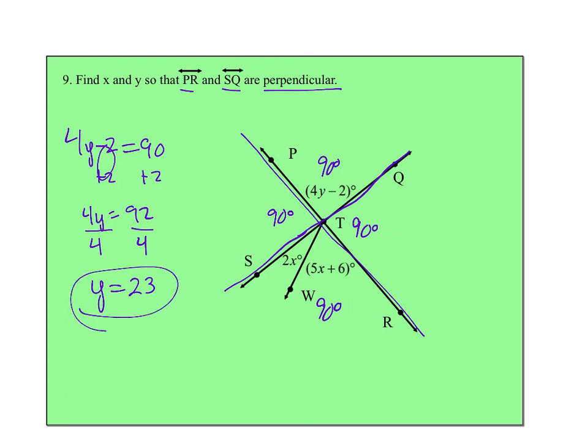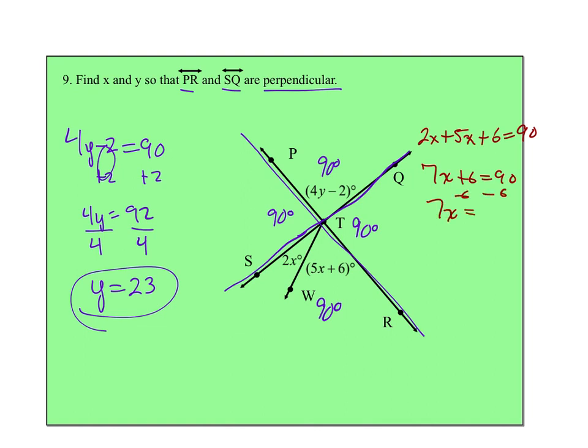That would work there. Over here for x, I need to be a little bit pickier because that's going to be 2x plus 5x plus 6 equals 90. Sorry, that's a plus. It's not a 7 as it's kind of looked. So I have 7x plus 6 equals 90. So subtract 6.